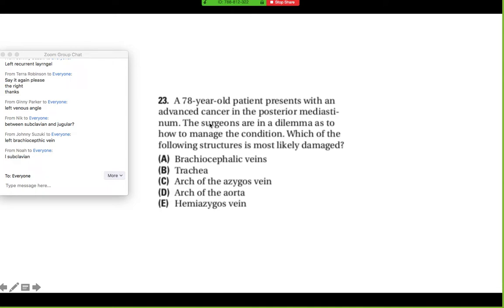A 78-year-old patient presents with an advanced cancer in the posterior mediastinum. The surgeons are in a dilemma as to how to manage the condition. Which of the following structures is most likely damaged?